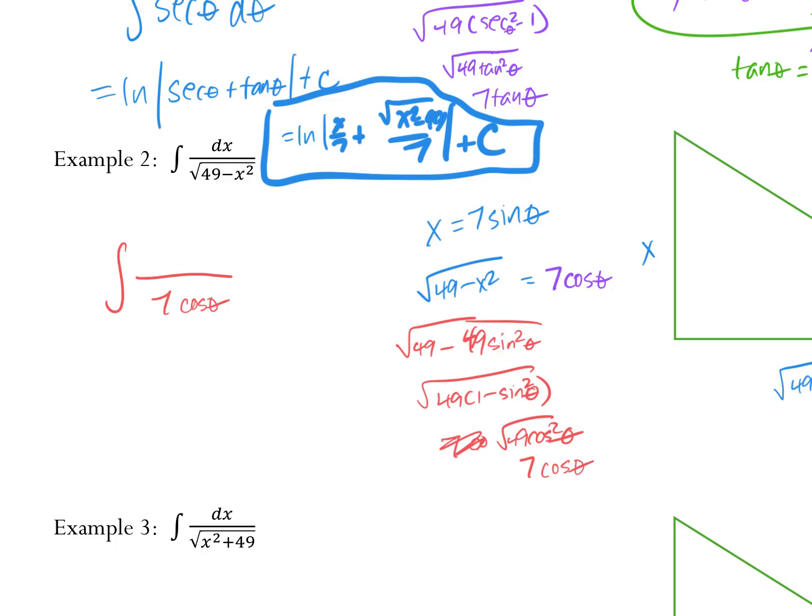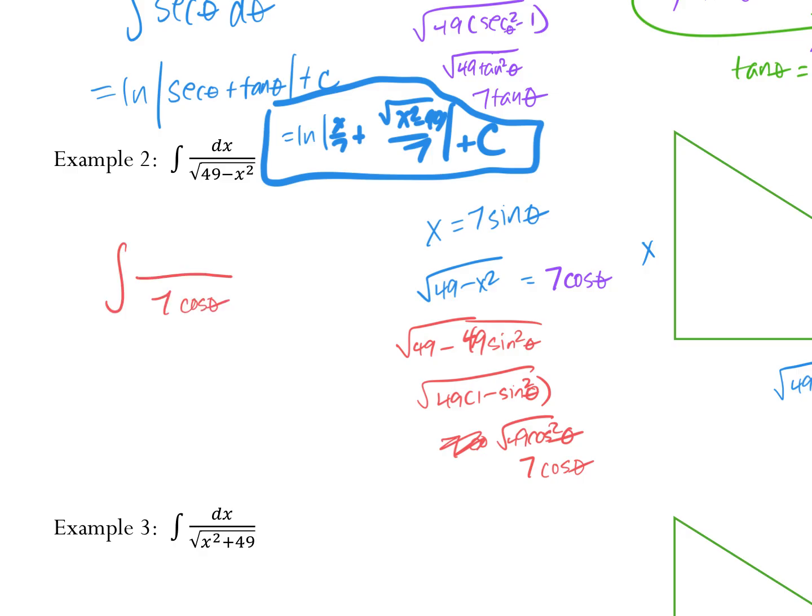If I'm integrating with a theta, I need a d theta. And I also currently have a dx. So somehow I need to turn dx into something with a d theta in it. How do I do that? I take the derivative. What is the derivative of x?